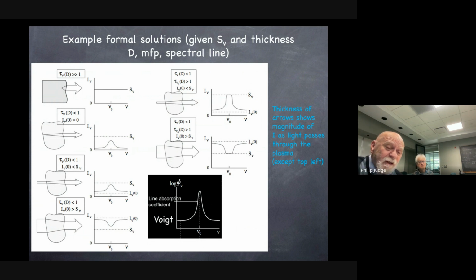And if it's thin, and the intensity is less than the source function inside there, we get an emission line. This looks exactly like the corona, okay? In principle, in the X-rays, the thermal emission, the background, the little left-hand side of that third panel down on the left would be 0.